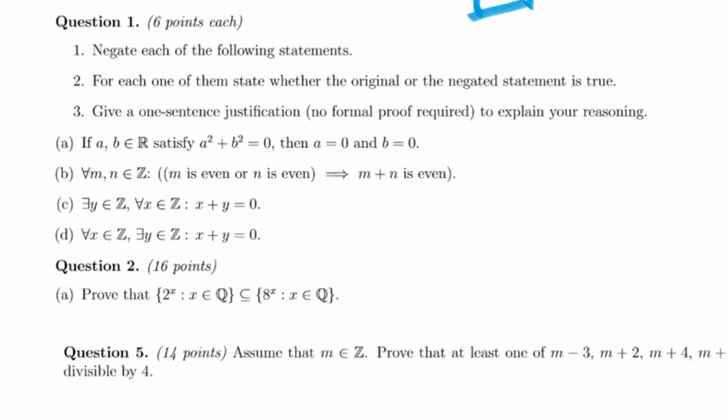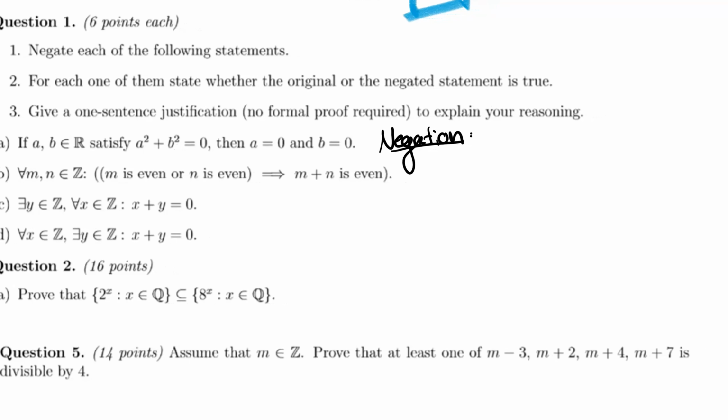All right, question 1. Negate each of the following statements. For each of them, state whether the original or negated statement is true. Give a one-sentence justification. So I'm going to say that out loud, the justification. So negation. All right, let's see. If A, B satisfy that, then this. Remember, negation of an if-then statement is an and statement.